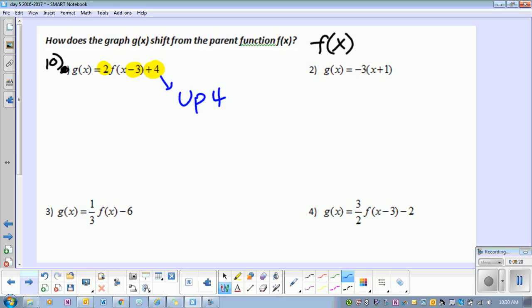I'm sorry. Okay. So then what about this x minus 3? To the right 3. Good. Because this x minus 3, it goes right 3. And what about this guy, the 2? Your a is bigger than 1.